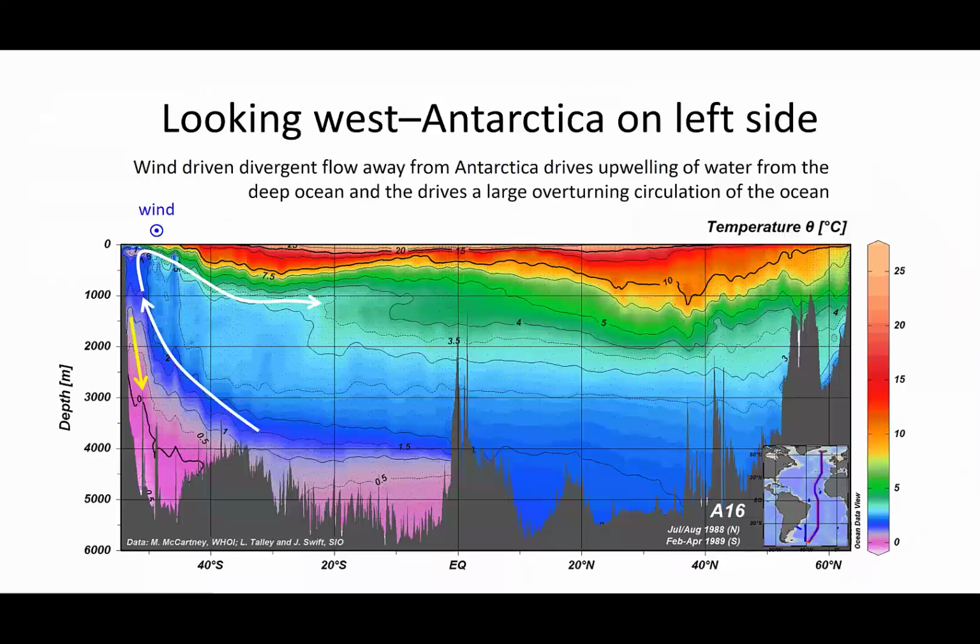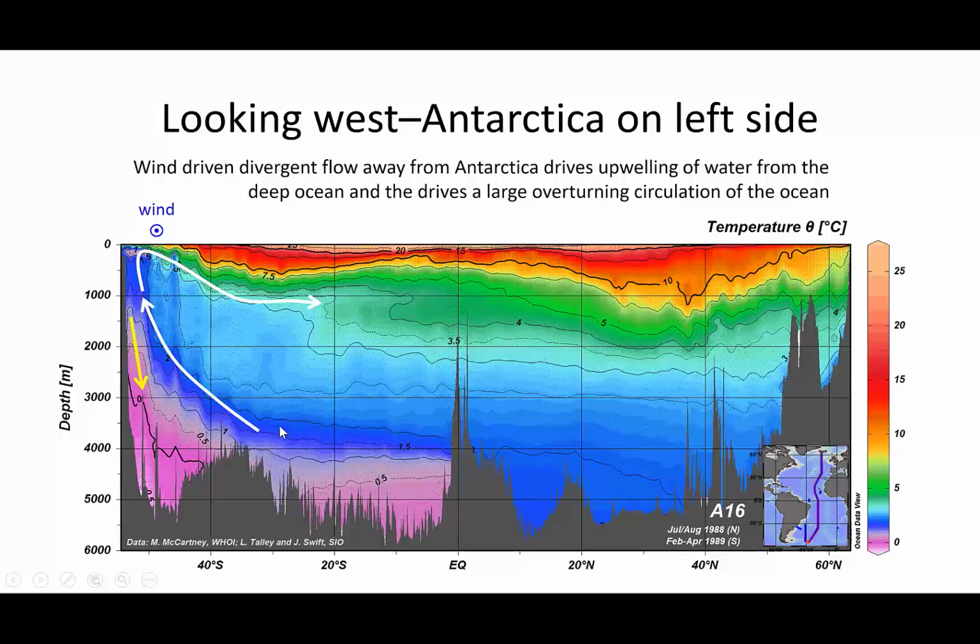And that can be seen here on this profile that runs the total length from the far South Atlantic up to the North Atlantic. So here we have the winds, in this case, coming towards us out of the page, and the deflection to the left of the surface water masses produces this flow where this water is driven to lower latitude, and because it's slightly denser than this other water that's flowing towards the south from the equator, it goes under it in this direction, and this water here upwells from very deep, from 3,000 or 4,000 metres depth in the ocean all the way to the surface.